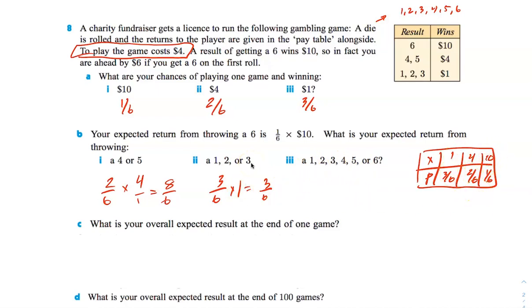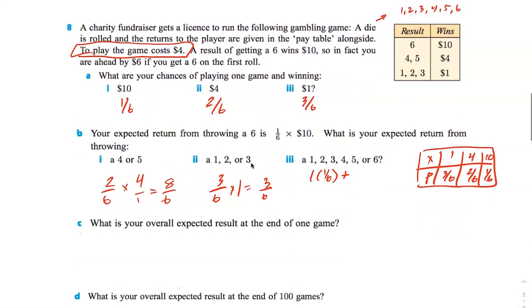We're going to multiply 1 times 3/6, plus 4 times 2/6, plus 10 times 1/6. Sorry, you get $10 for getting a 6. And then simplify it. I get 3 over 6 plus 8 over 6 plus 10 over 6. Add these all up, and I get 21 over 6.